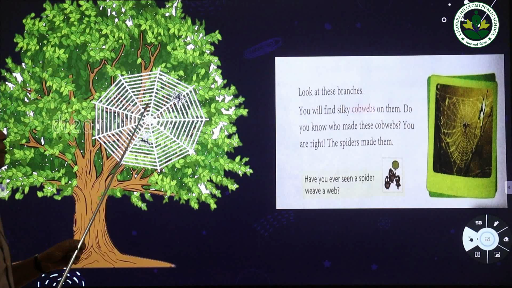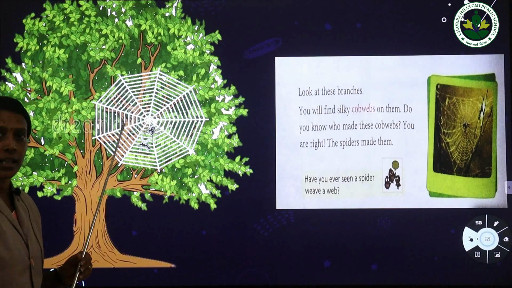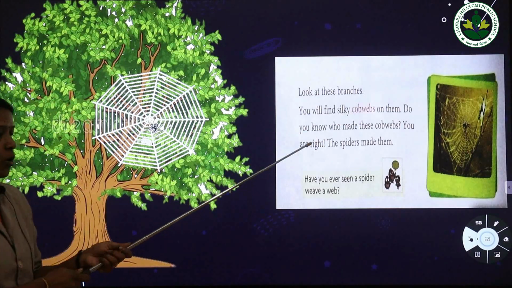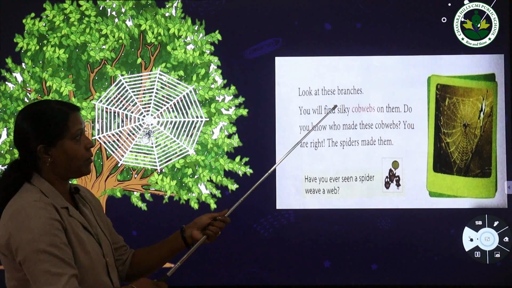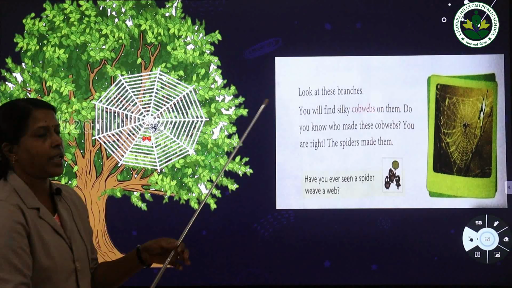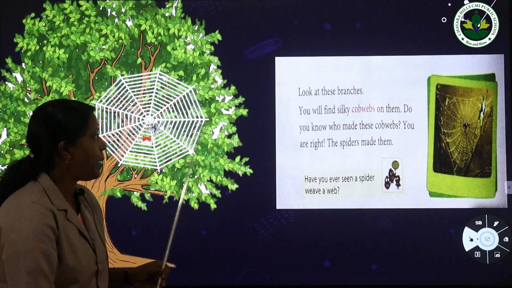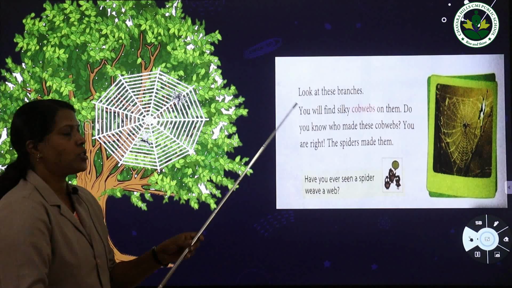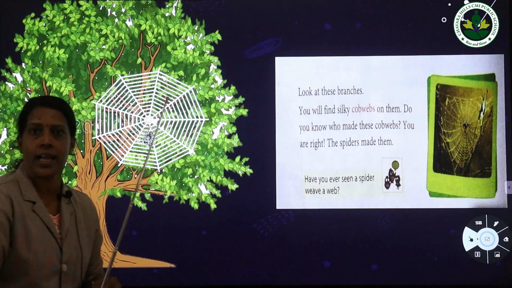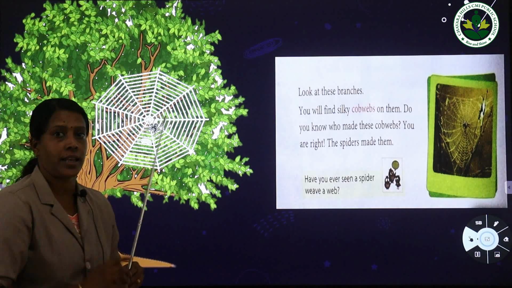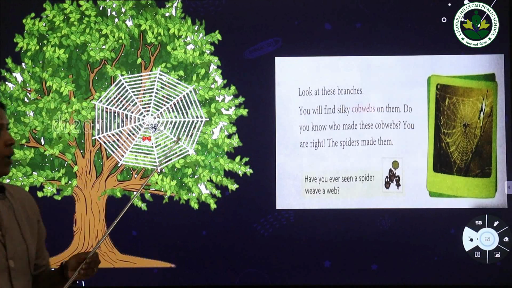So what is the name of our spider's house? It is called cobweb. What do you mean by cobweb? It is a web spun by a spider. We can see cobwebs inside our house also. So please notice if there is a cobweb in your house.